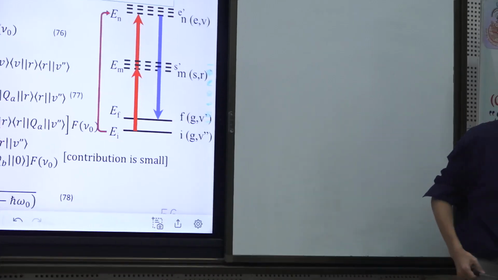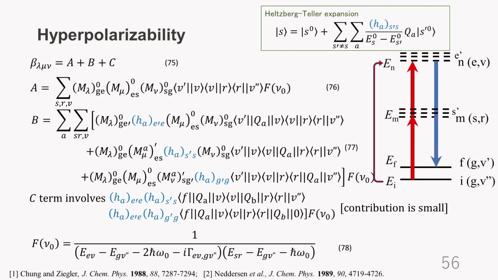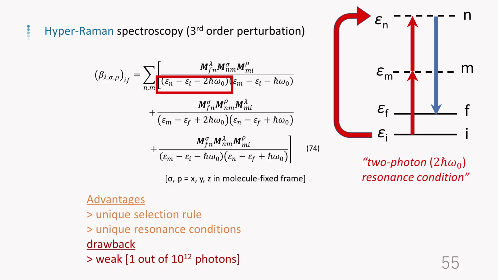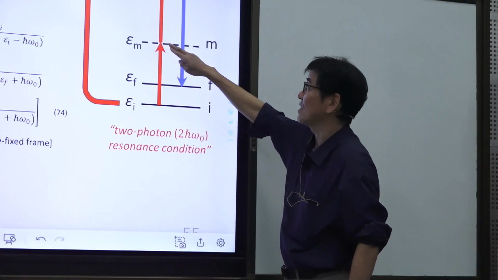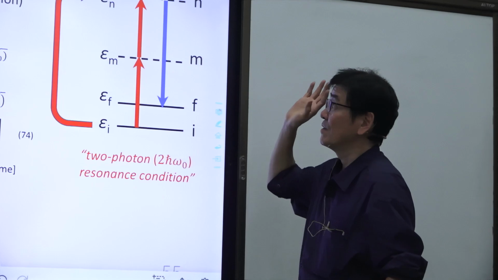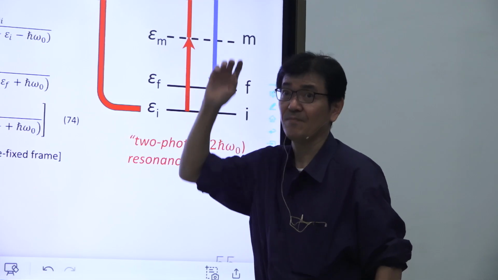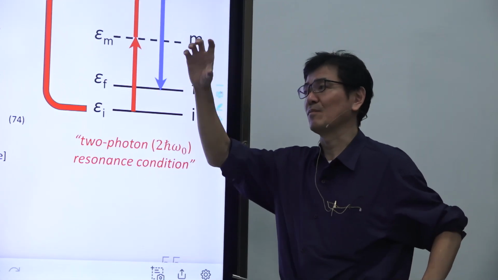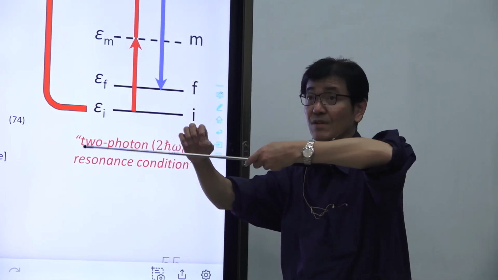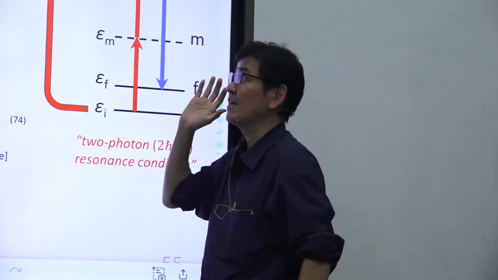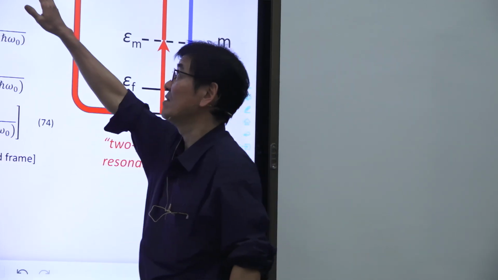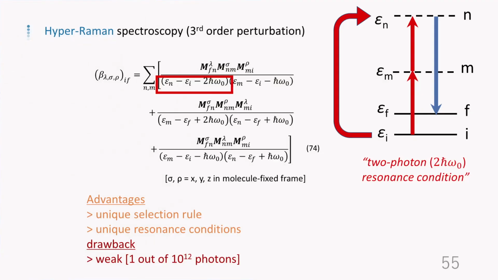So the Hyper-Raman process is different from the Raman process. In the case of the Raman process, one photon excitation and scattering occurs, but there is another event when we put a molecule in the electromagnetic field. It's rare, but with a finite probability, third order perturbation occurs. In this case, one process is that excitation occurs twice.